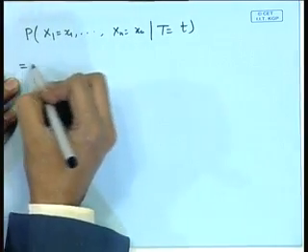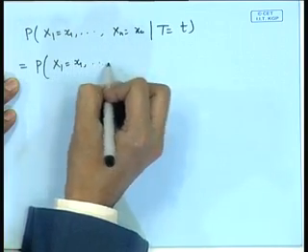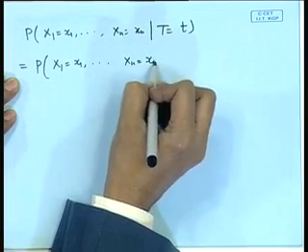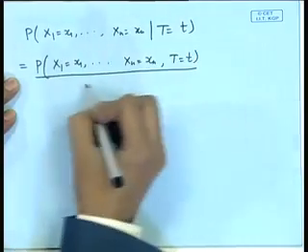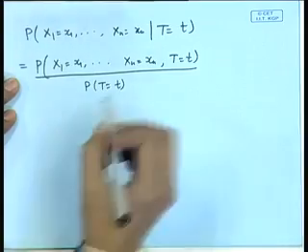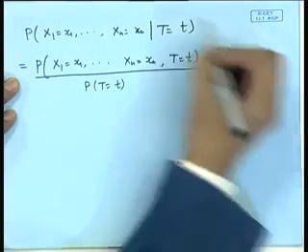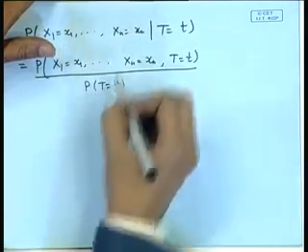So, this is equal to probability of x1 = x1 and so on, xn = xn, T = t divided by probability of T = t. Now, here T is sigma xi and we know that it follows Poisson n lambda. So, the denominator quantity can be written.